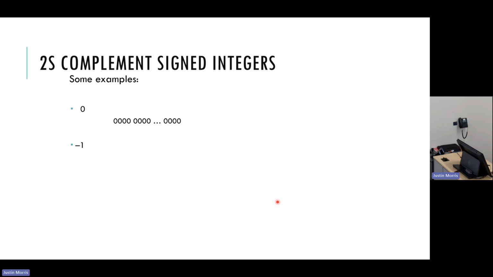So again, the easiest way to do this is start with 1 and then negate it. So 1 is a bunch of zeros and then a 1 at the end, right? I negate it. I have a bunch of 1s and a 0 at the end. I add 1. 0 plus 1 is 1. And I had all those 1s. So -1 is just all 1s.